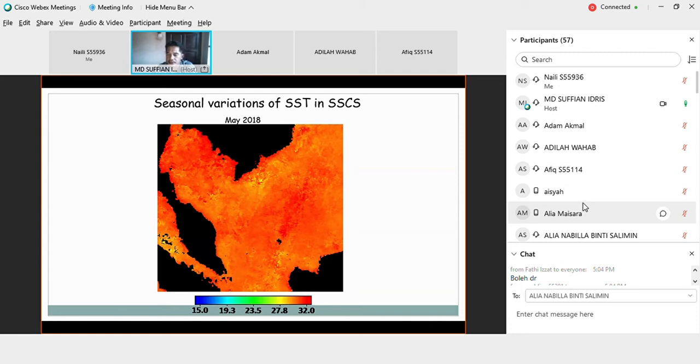Because of the very high specific heat of the ocean, it takes time for the ocean to increase its temperature. In March and also in September, especially in the tropics, we receive very high solar radiation.